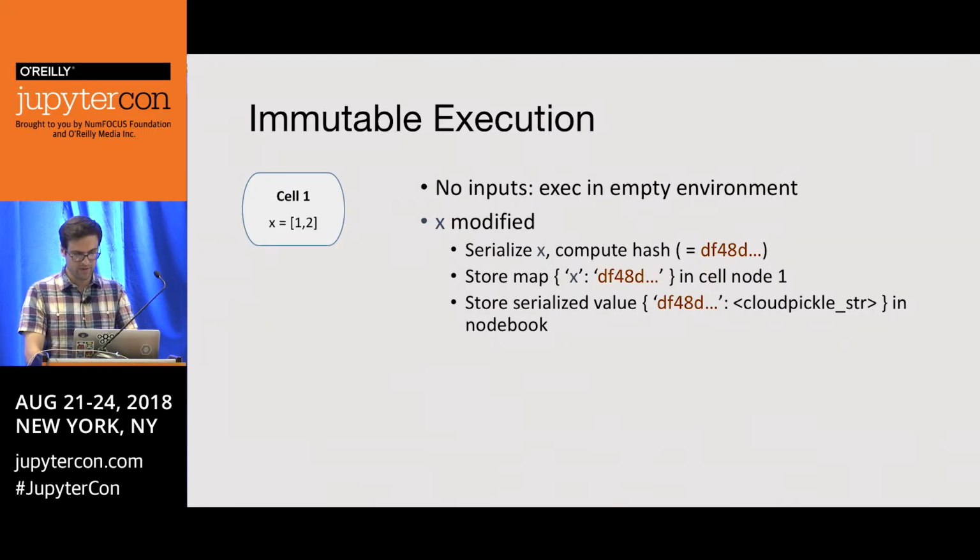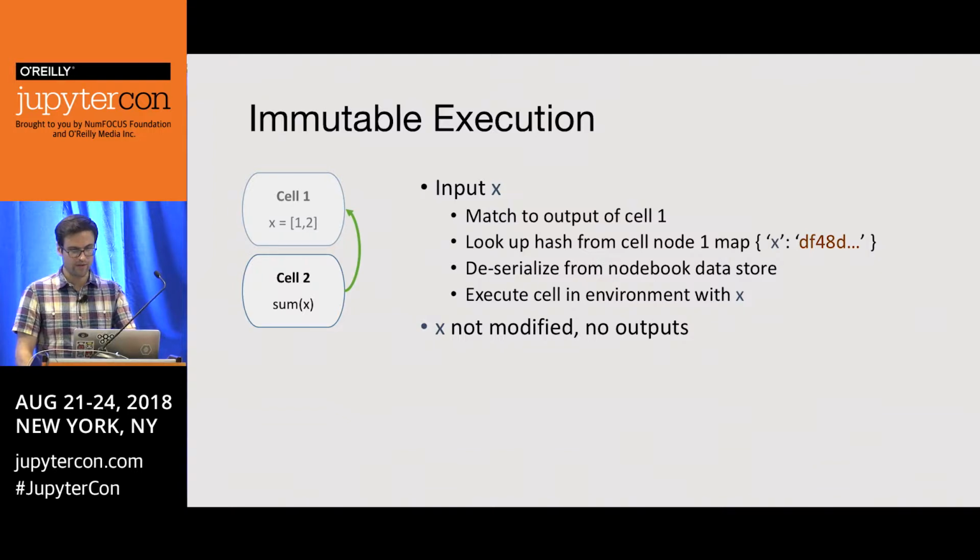OK, so for the next cell, this cell has an input of x. I'm enforcing linear cell execution, so that input of x has to come from the most recent previous cell that had an output of x. In this case, there's only one immediately previous cell, and I can trivially match that up as the cell that modified x and that we will use as the input for this cell.